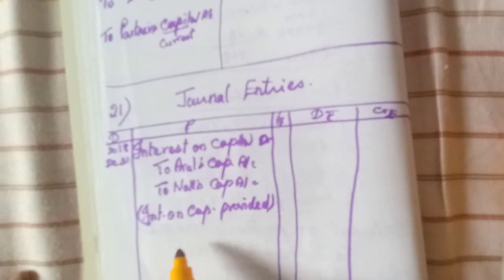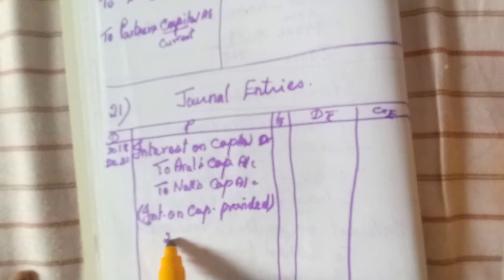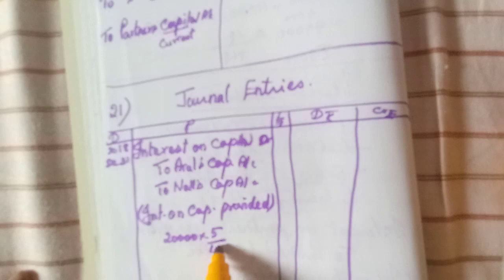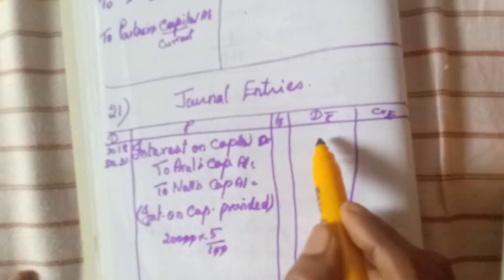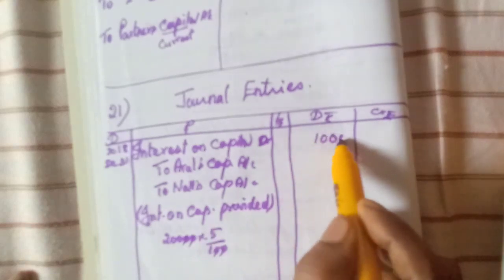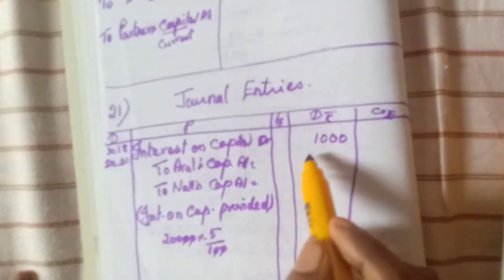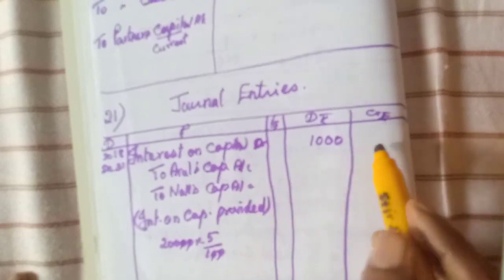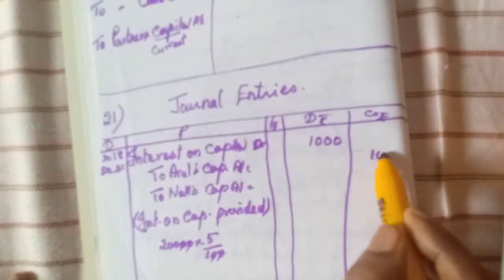Here I am showing how to calculate, but you don't write here when you do the problem. 20,000 into 5 by 100. So 2 5s are 10, 2 0, 1000. Sorry, Arulappan's capital interest, 1000.